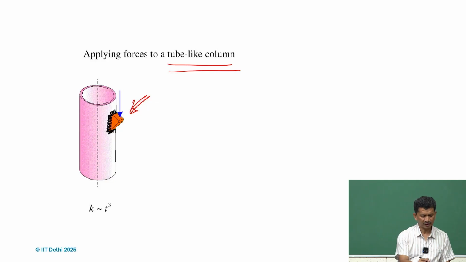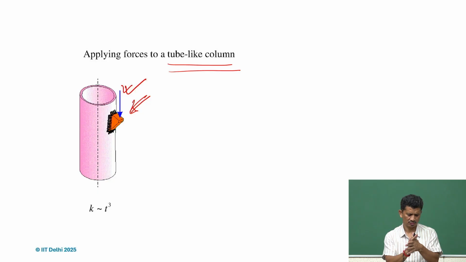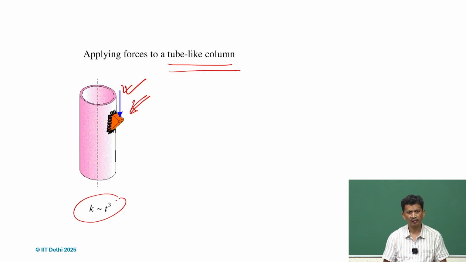What we realize is that the moment you have this kind of force supported on this, it is trying to pierce through the surface. And the stiffness here is of the order of t to the power 3. So it's a very thin tube, and normal to the surface, it's not stiff.